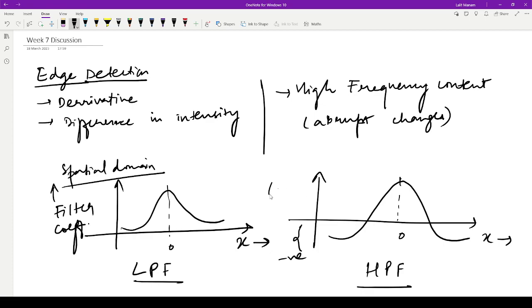Since we know that edges represent high frequency content, you would like to use high pass filters. So Roberts, Prewitt, Sobel, they are all high pass filters. Why? Because they have a negative part as well.